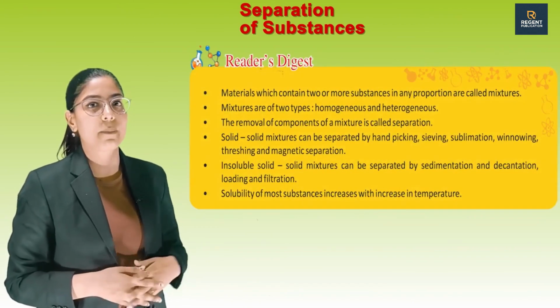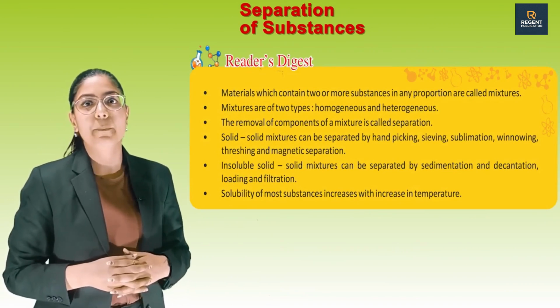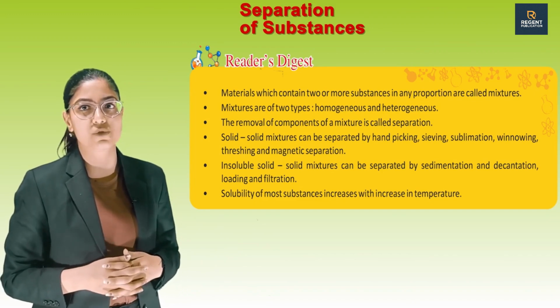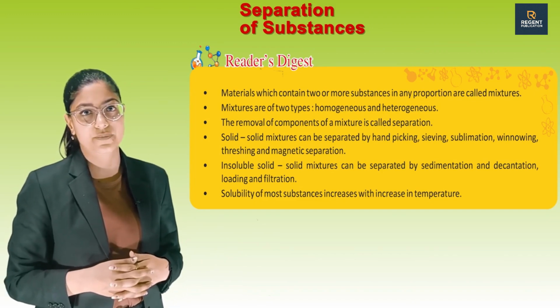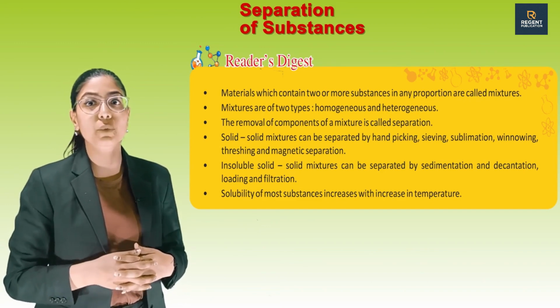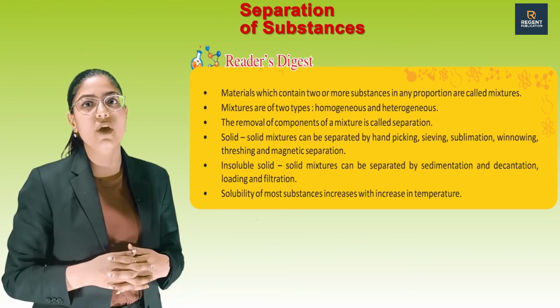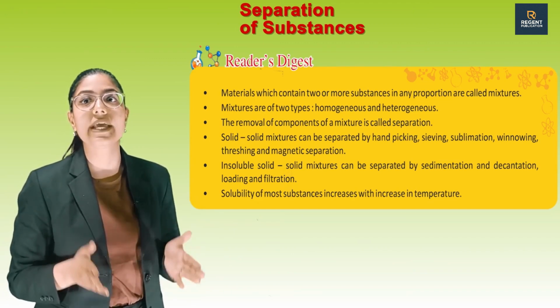Let's quickly revise with Reader's Digest. Materials which contain two or more substances in any proportion are called mixtures. Mixtures are of two types, homogeneous and heterogeneous. The removal of components of a mixture is called separation.